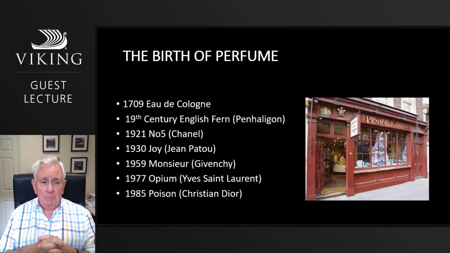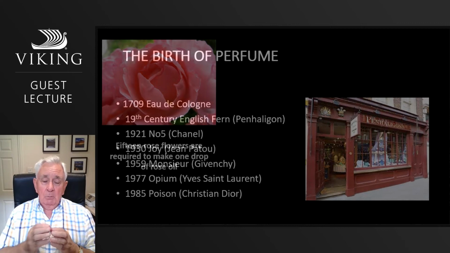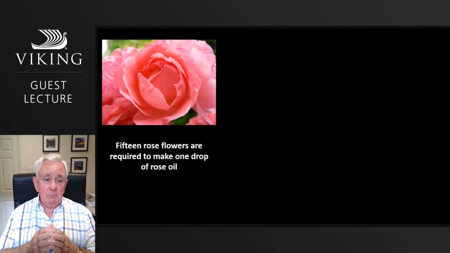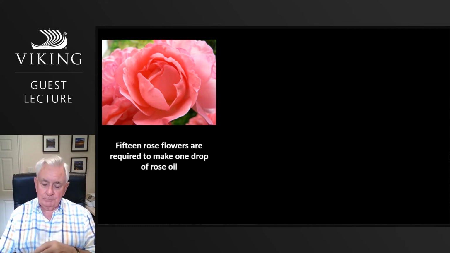And any of you who've bought perfume will know it's very expensive. Why is it expensive? Is it just the packaging, or is there a real reason? Well, if a perfume contains some rose oil, look at how you make it. You need 15 rose flowers to make just 1 drop of rose oil. 1 drop.